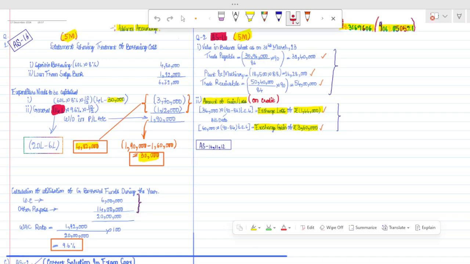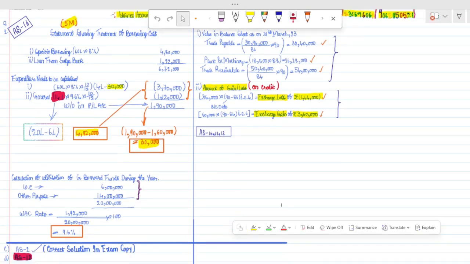The expenditure needing to be capitalized is 4,82,000, and the WAC rate is 9.6%.